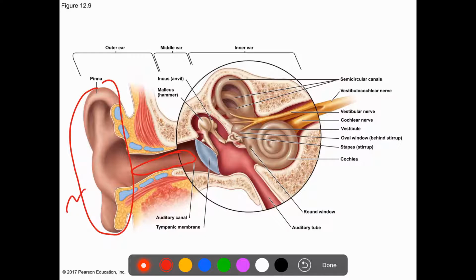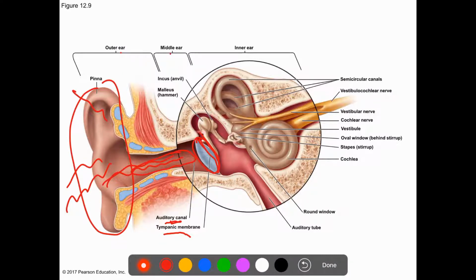So the sound waves are collected by the pinna, and the pinna would funnel them through the auditory canal. Okay. And these sound waves will hit the tympanic membrane. The tympanic membrane technically separates the outer ear from the middle ear.